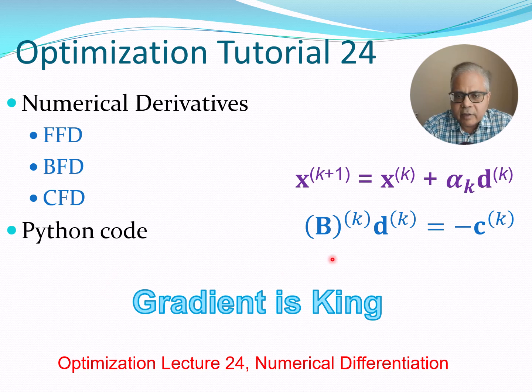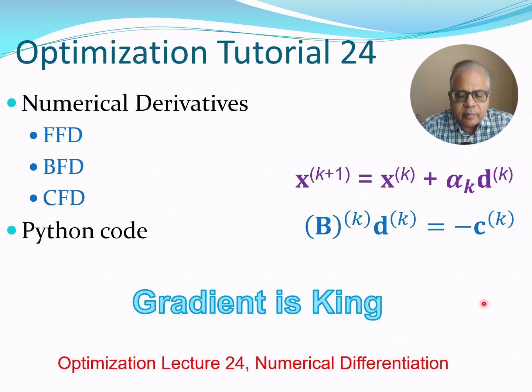And of course, remember, with all these methods we have done, the gradient vector is extremely important. The search direction here, for example, depends on the gradient vector. So like I have mentioned to you before, as far as optimization is concerned, gradient is king. And so take a look at optimization lecture 24 to check out numerical differentiation method.